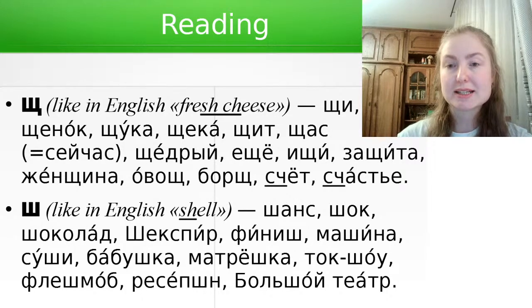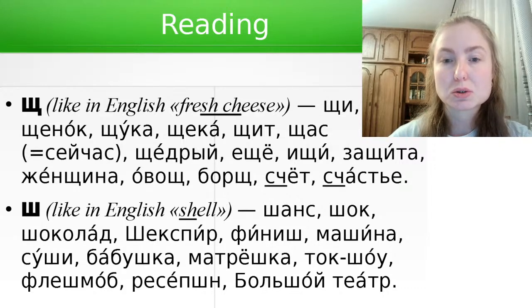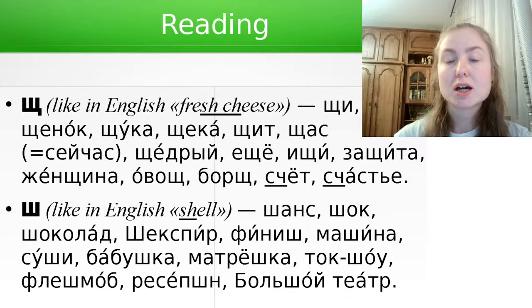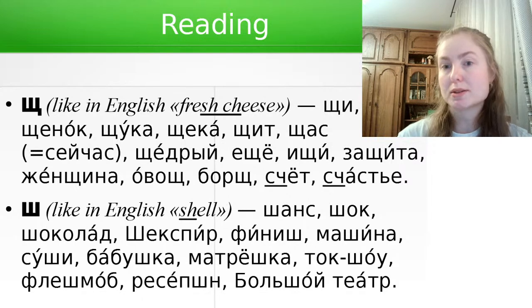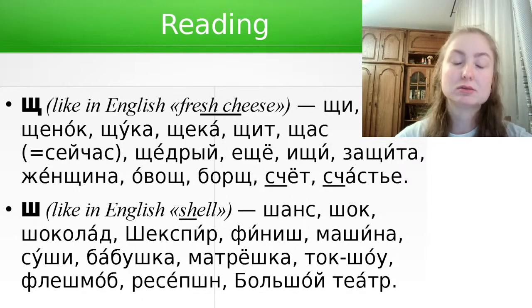Next word and next 2 words are very interesting. Счет. I outlined to you 2 letters, s and ch. Pay attention that these 2 letters together are pronounced like sh sound. Счет means a bill. In a restaurant we always say счет, пожалуйста.